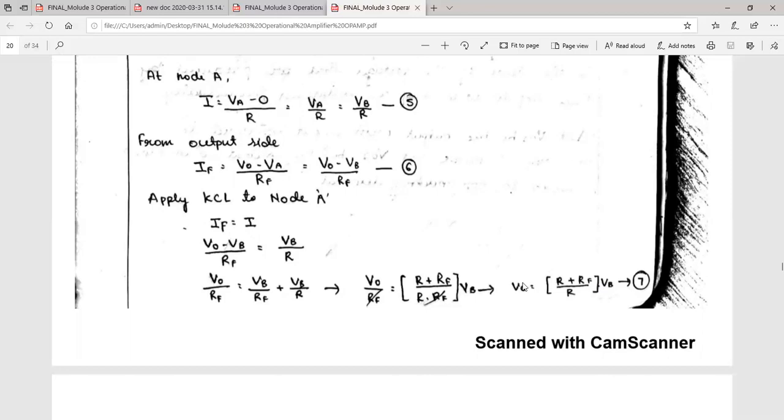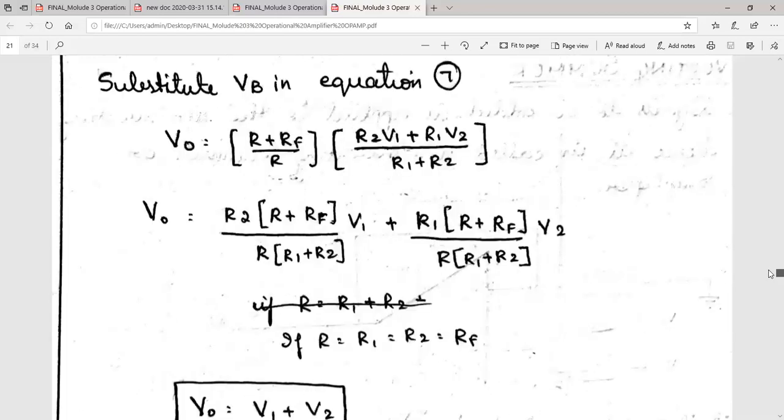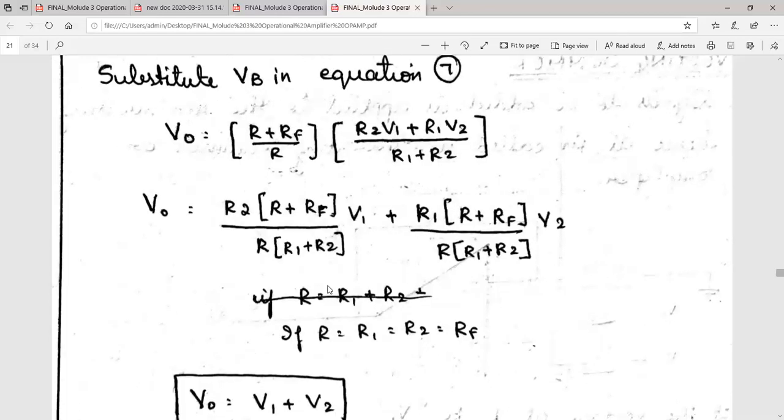So we will get V naught is equal to R plus RF divided by R into VB. So that particular VB we will substitute and the equation will look like this. V naught is equal to R plus RF divided by R into R2 V1 plus R1 V2 divided by R1 plus R2.